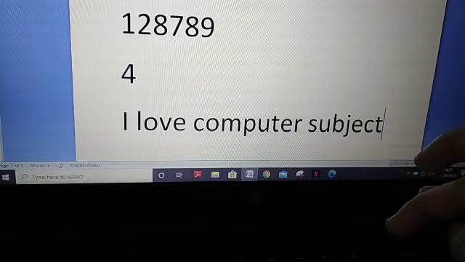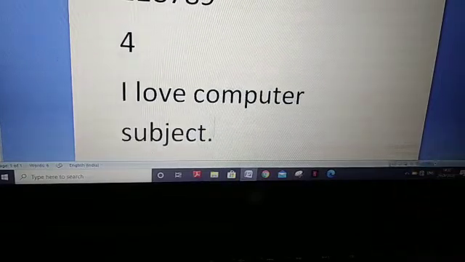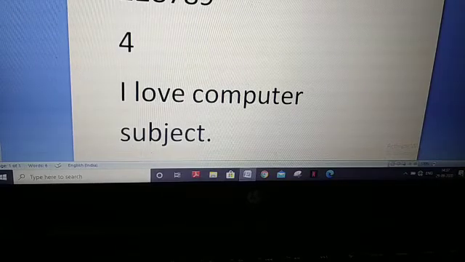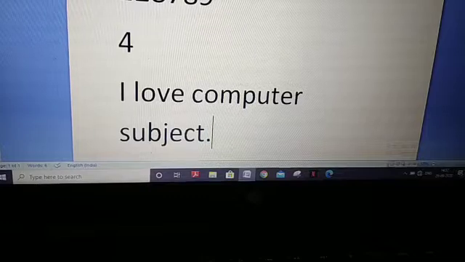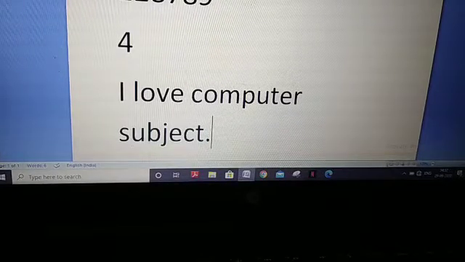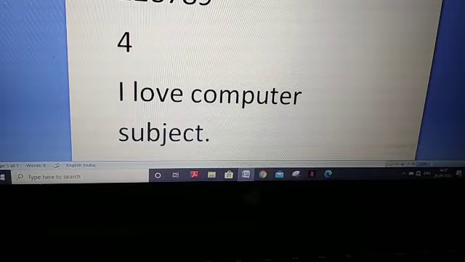Then full stop. Full stop is a punctuation key. Understood? So this is your space bar key. I hope you understood how to give a gap between words. In a sentence, when we give a gap between words, we give the gap through the space bar key.